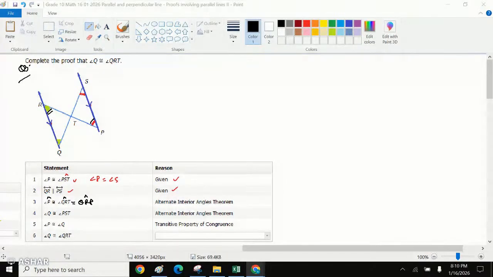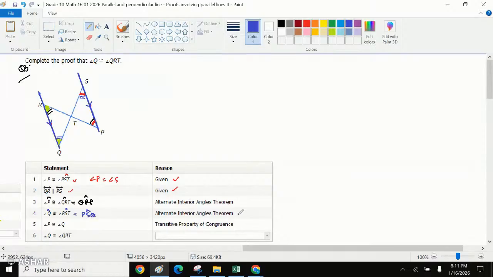Okay. Moving ahead, let's see what else. QPST. Angle Q was equal to PST or PSQ.